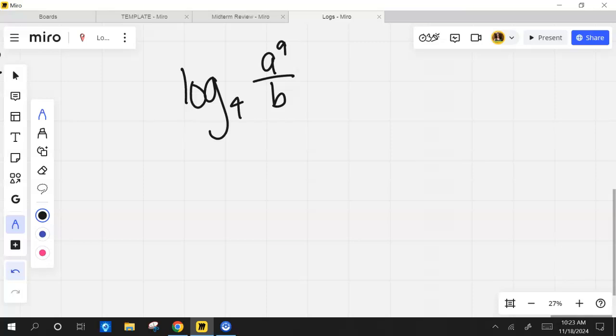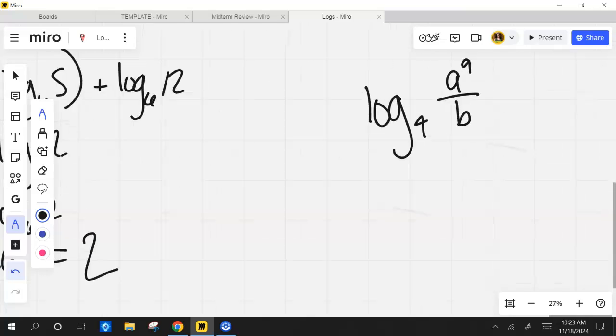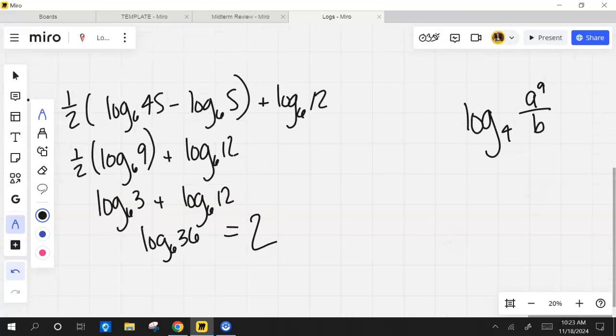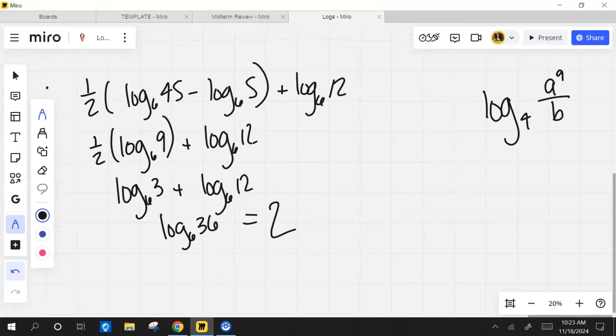A to the 9th over B. 9 log 4A minus 9 log 4B. The 9's only hooked to the A. Okay, so 9 log 4A.